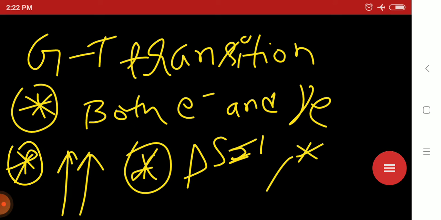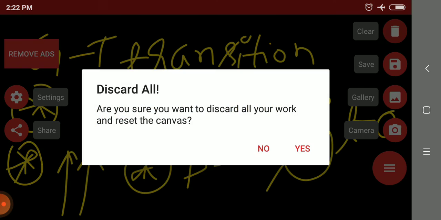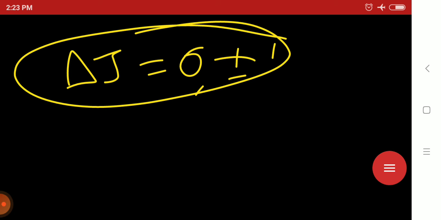Now as delta S equals 1 and L equals 0, we can say that delta J for an allowed GT transition, when L equals 0, could be 0 or plus minus 1, and in this case also there is no change in parity.